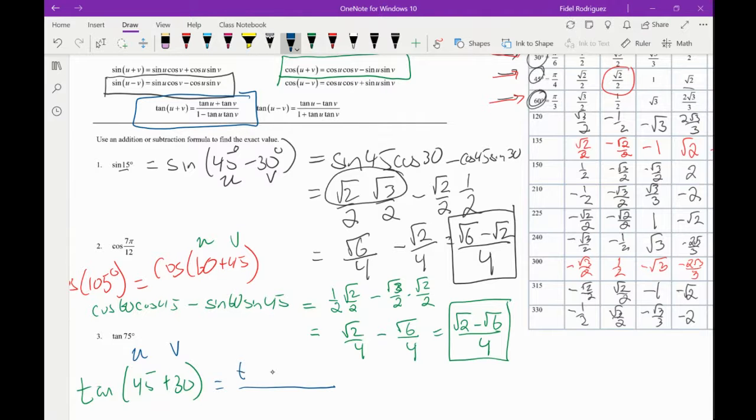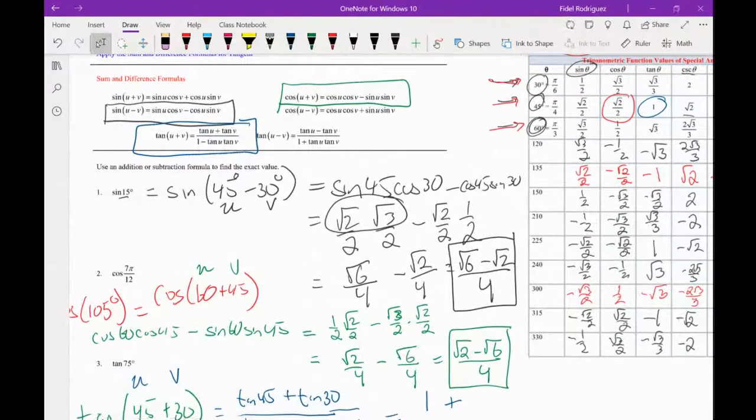Tangent of u, tangent of 45, plus tangent of v, which is 30, over 1 minus tangent of 45 times the tangent of 30. So tangent of 45 was 1.